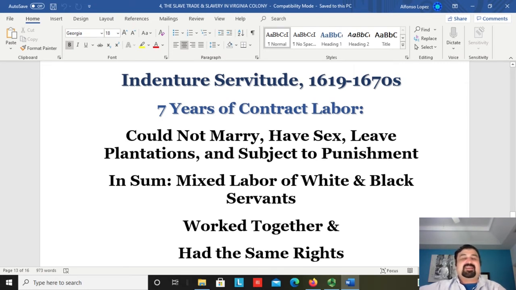In this system of labor, anybody that wants to come to the New World, the London merchants that own the company are saying, look, the company needs labor, and the company will be willing to pay for your transportation.